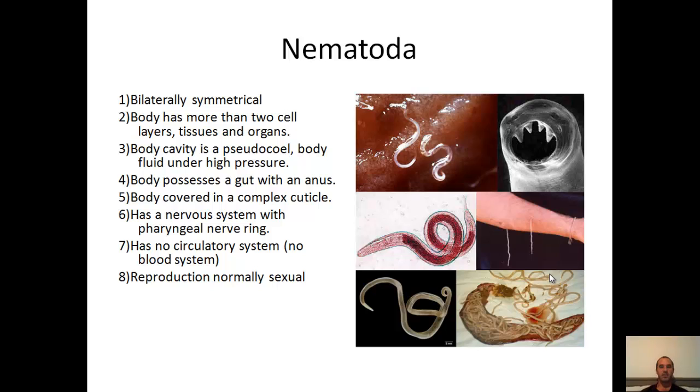They have a complete opening, so mouth to gut to anus to send food through their body, and a body covering called a cuticle. They don't have a circulatory system yet, so as far as moving blood throughout their body, they don't have one. And they have sexual reproduction.